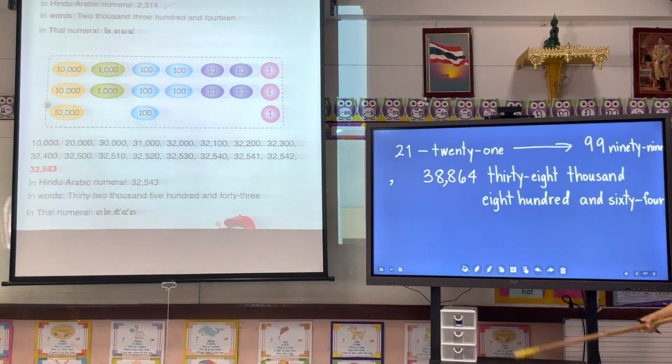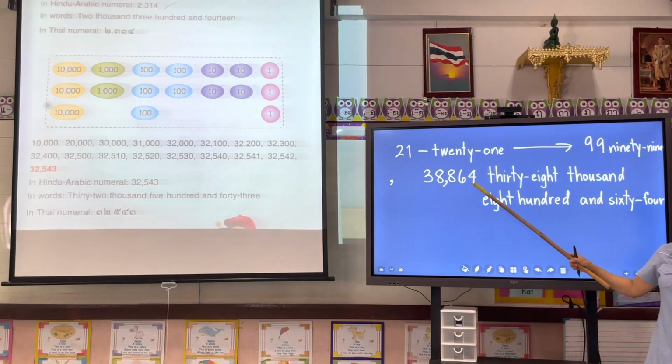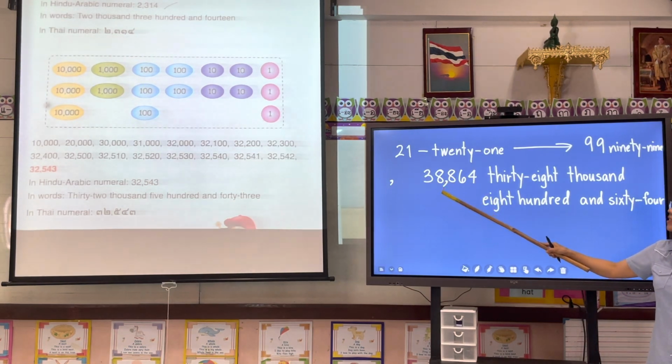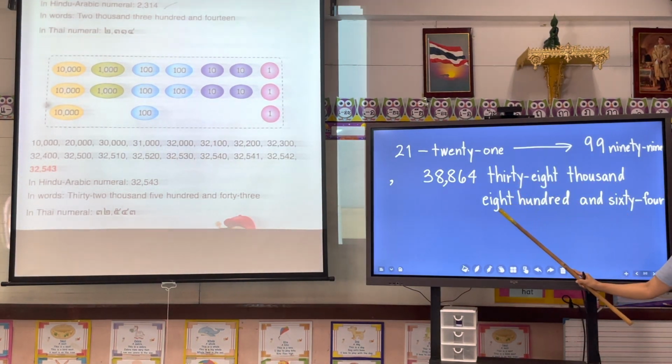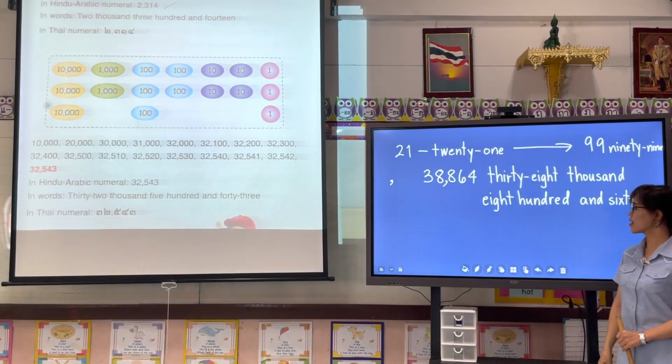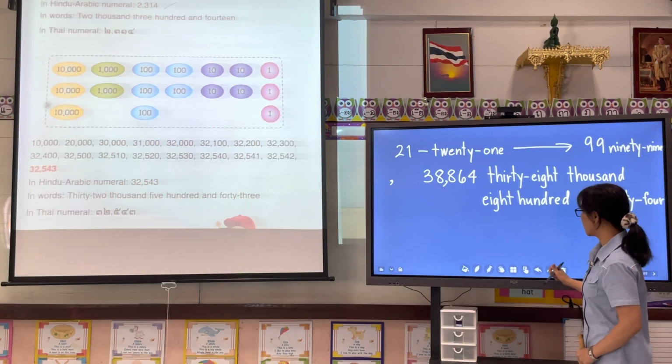So we have Hindu-Arabic 38,864, and in English words we write it like this. Get it? Alright.